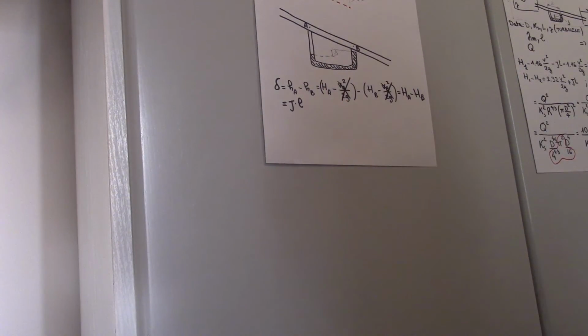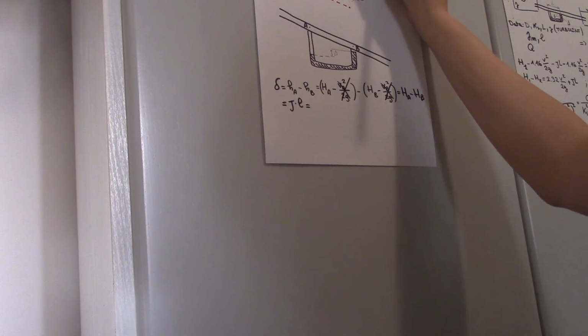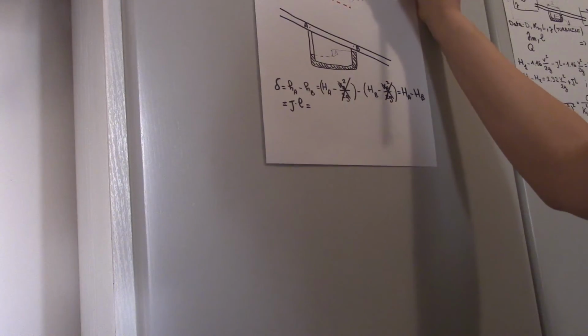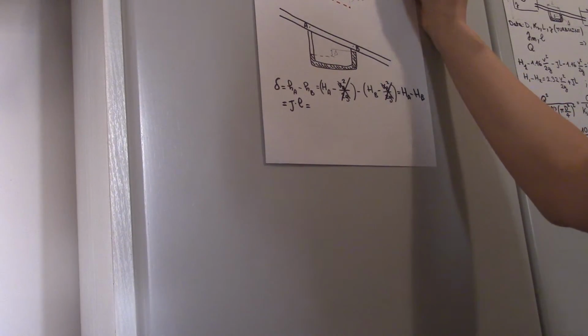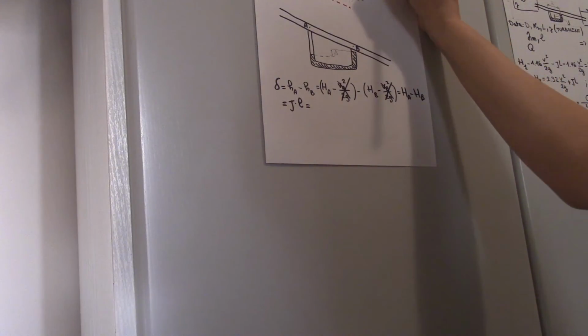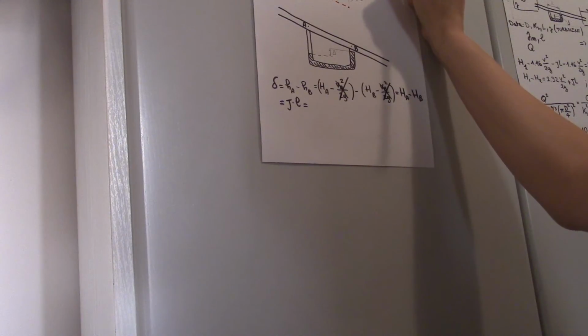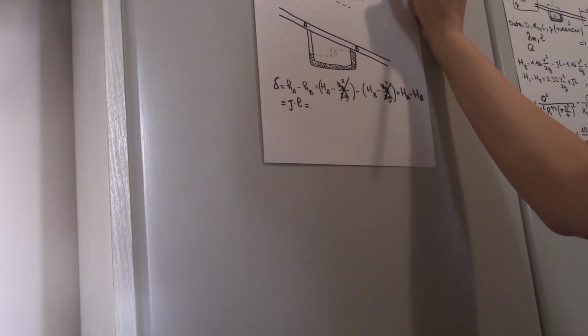How much is j? I can compute it because I have q. Remember that q is v times a. So if I want to compute v, I will have that v is q over a, which is pi g to the power of 2 over 4.